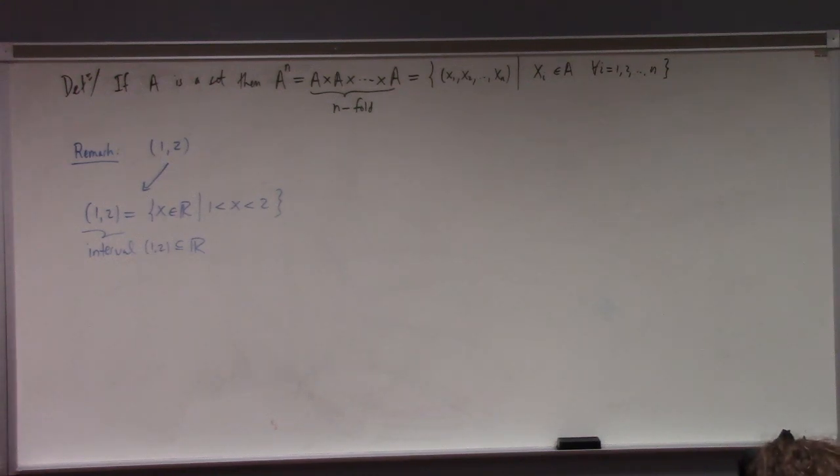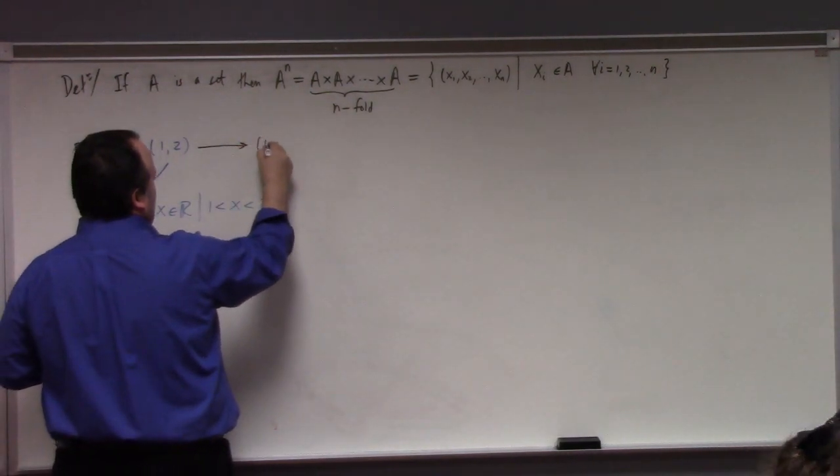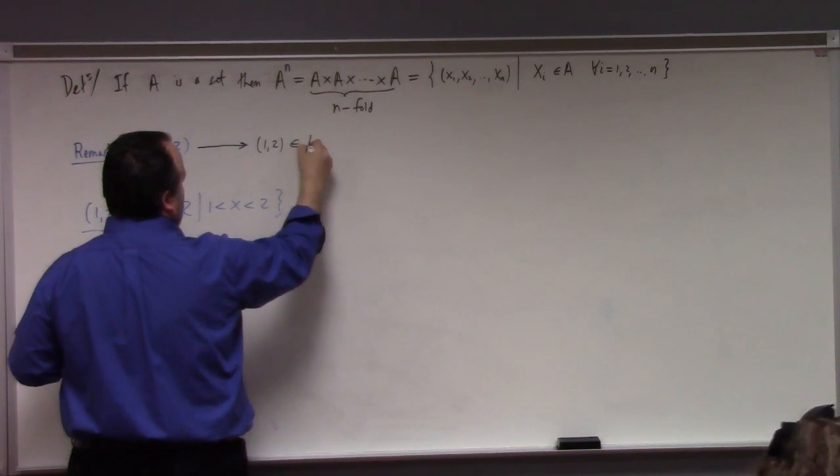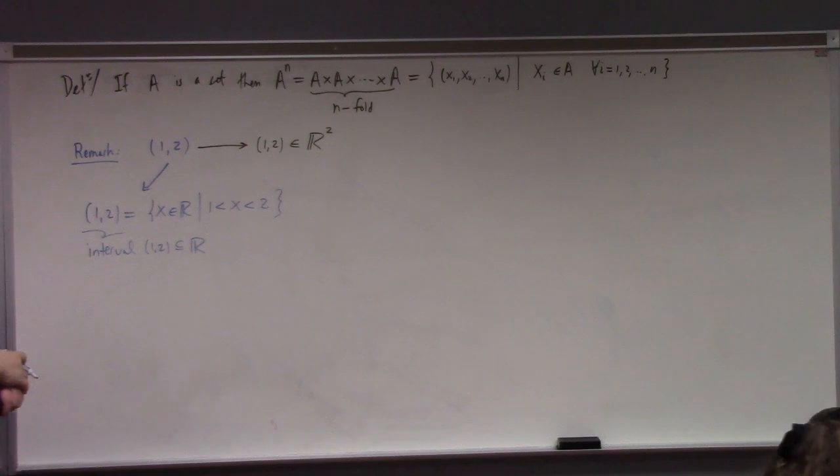But on the other hand, what else is this? It's an element of what? R^2, right? It's a point in 2 dimensions. We use this notation for both things, so you have to know by context which is which.